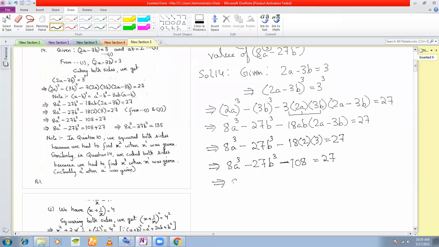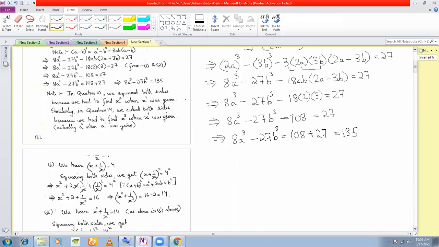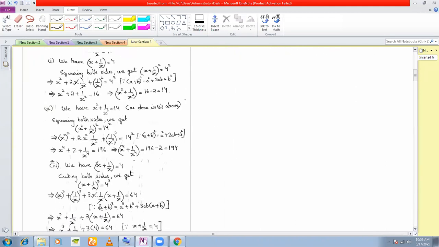So that you get 8a cube minus 27b cube is equal to 108 plus 27, which is equal to 135. And that's your answer. Fine. We proceed to the next one, which is number 15, I think.